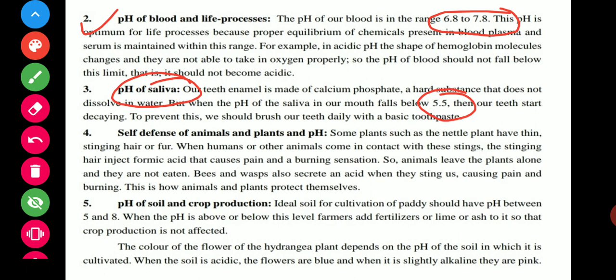Now, self defense of animals and plants and pH. pH is a factor which protects animals in self defense. Now, pH of soil for crops.